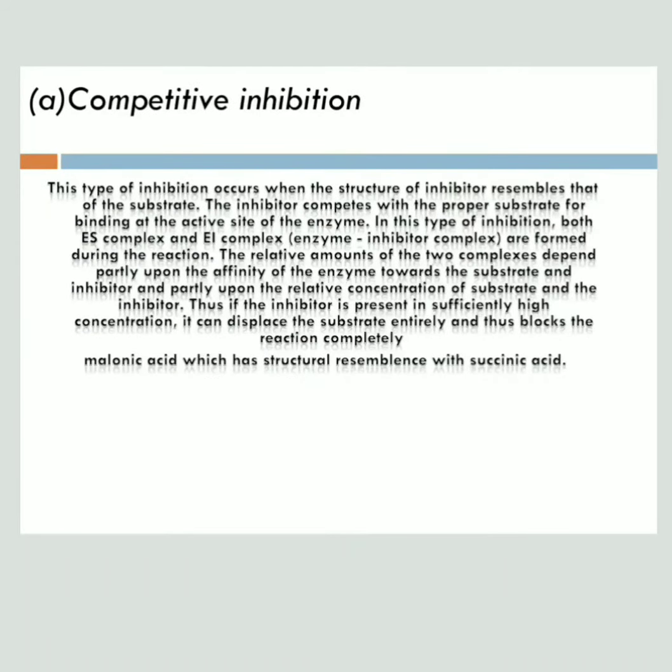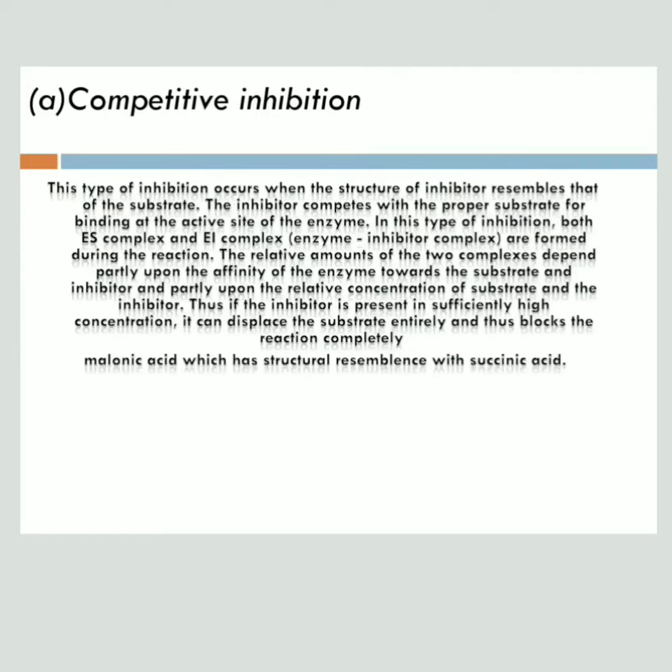This is actually a competition between the substrate and the inhibitor for the active site. Substrate will bind only at the active site of the enzyme, whereas in competitive inhibition the inhibitor, which resembles the substrate, will also come in and compete with the substrate.